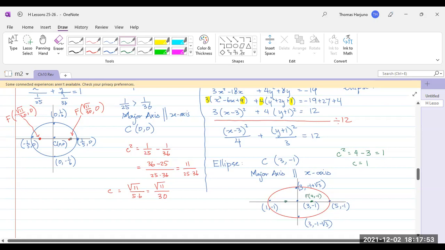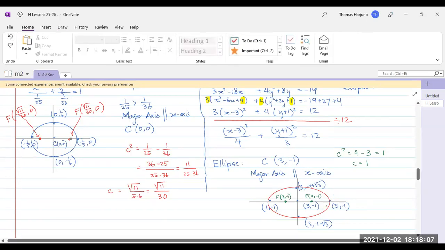And 1 unit to the left, that's (2, -1). Okay. Now we are done with this ellipse. Let's go on.